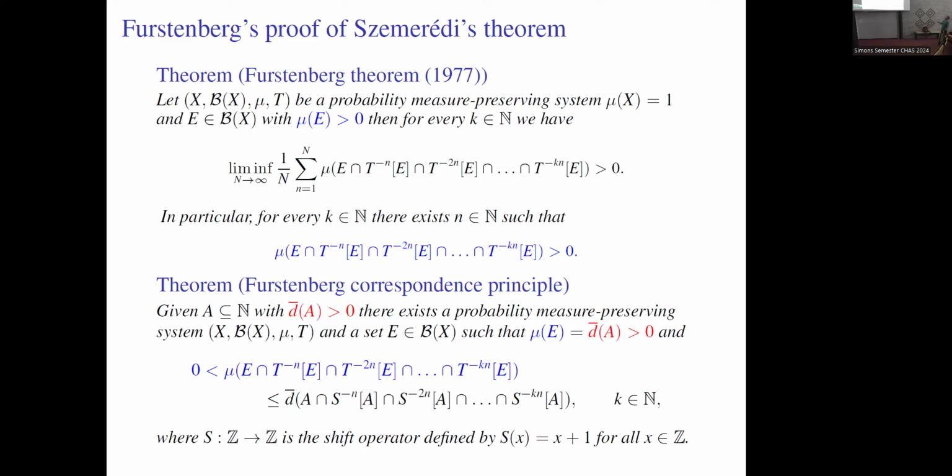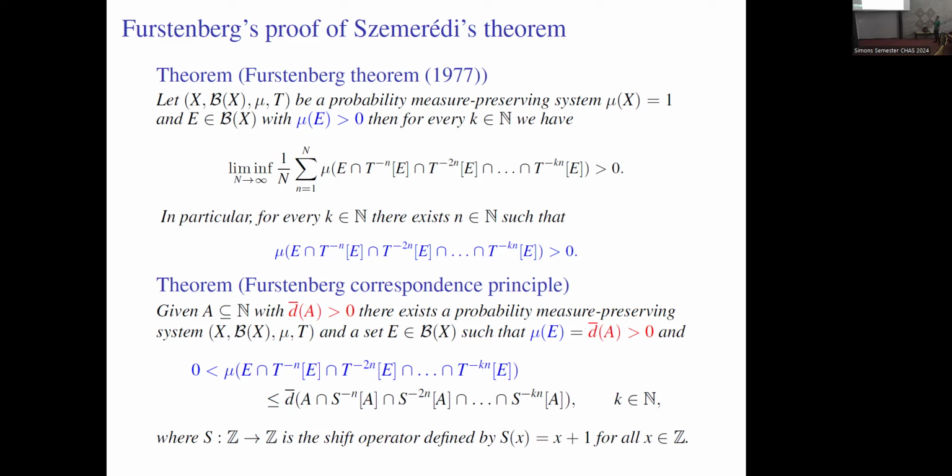This is non-zero, and if we apply the second part of the Furstenberg correspondence principle, it says that this is non-zero. But if the density of this set is non-zero, then this means that this is non-empty. So if this is non-empty, then we can find arithmetic progressions of length k plus 1 in A, and this is what we were looking for. So that's how we get this correspondence principle.